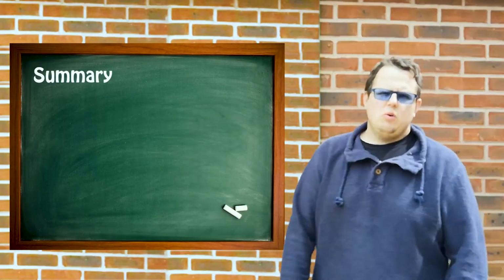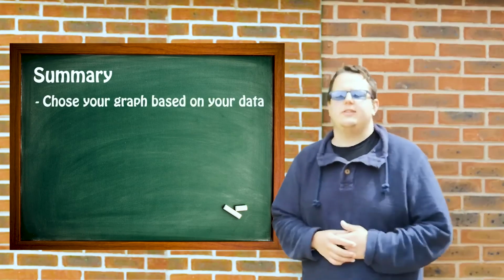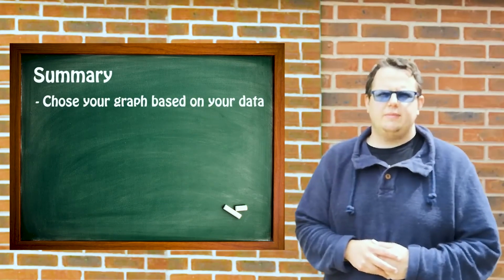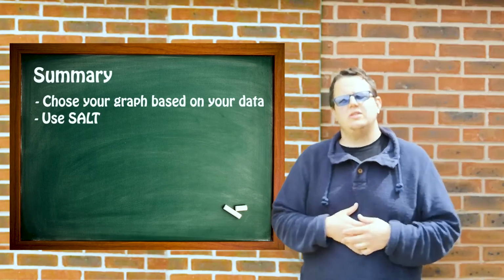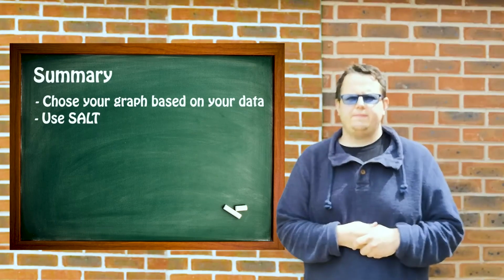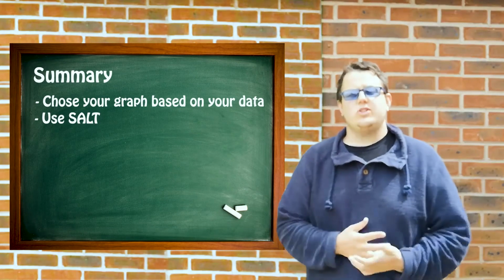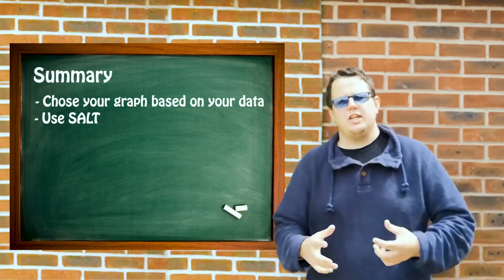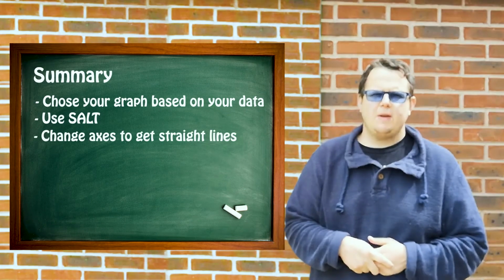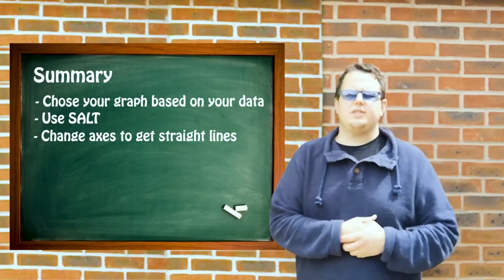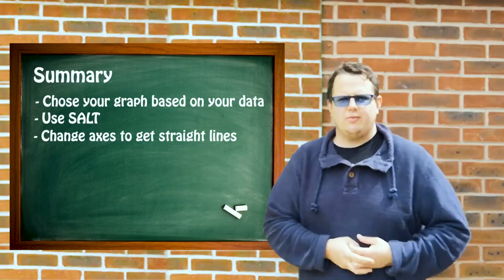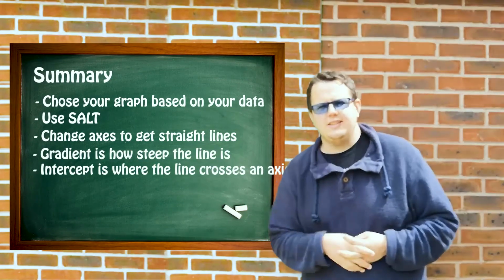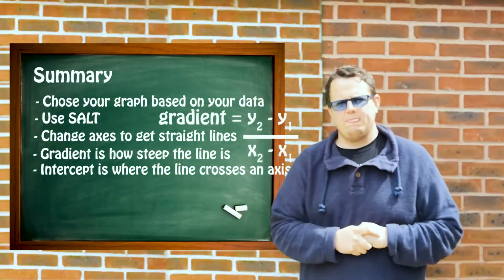In summary then, we select the type of graph based on the type of data we have. We use SALT to draw good graphs. We generally want straight lines, so we change our axes to get them. Our gradient is how steep a line is, or the rate of the line, and it is calculated by this formula.